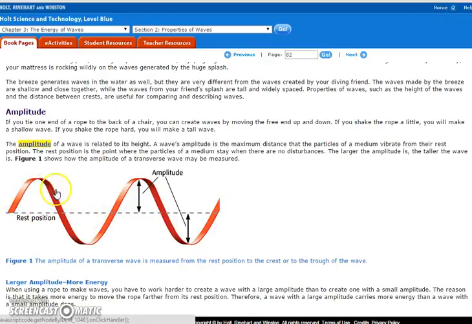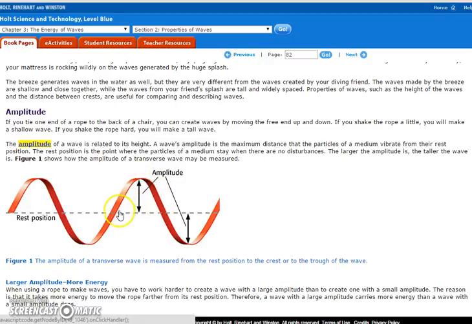So if this band were just a rope or a band and there was no energy put into it, it would be flat, resting there. But if we put energy into it, the energy will travel through the band as a wave. Now, the amplitude is how high that wave gets.